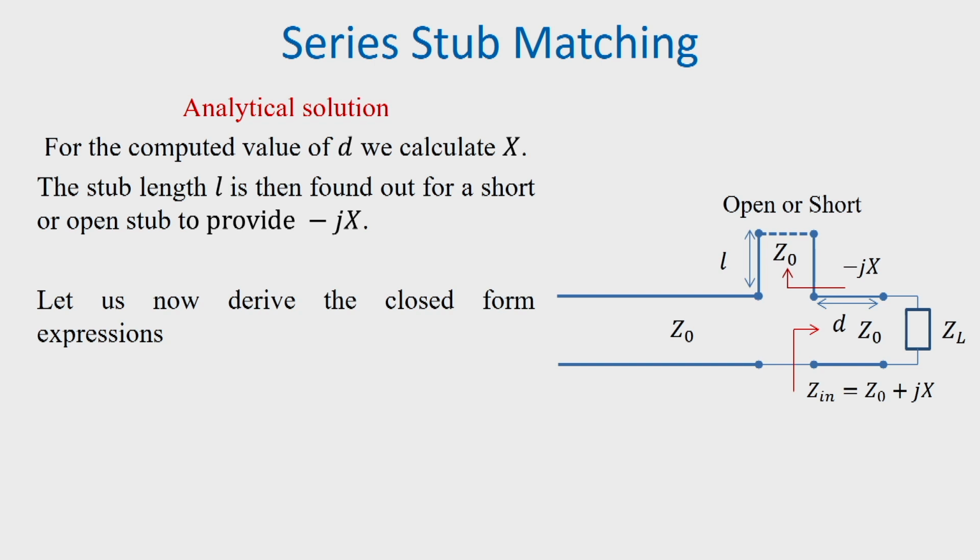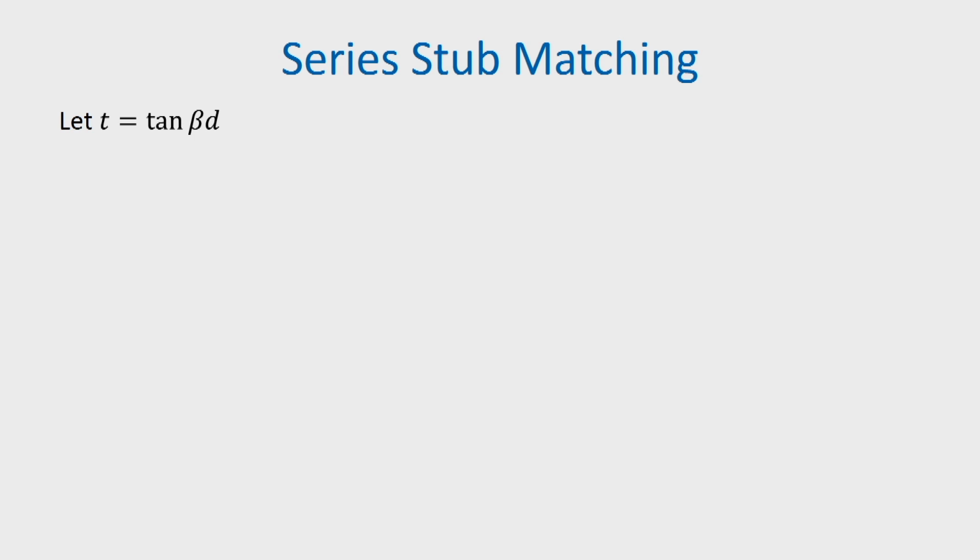Now, let us try to see how we can derive the closed form expression for D and L. So, we have ZL equal to RL plus jXL. We can write YL, which is 1 by ZL, to be equal to GL plus jBL. Now, let us define t equal to tan βD.